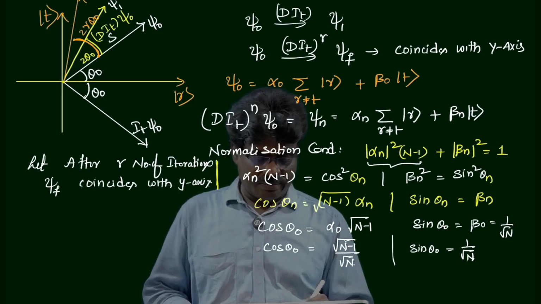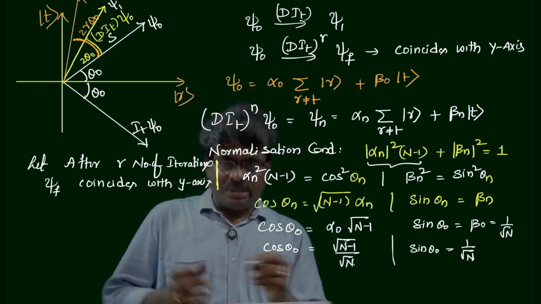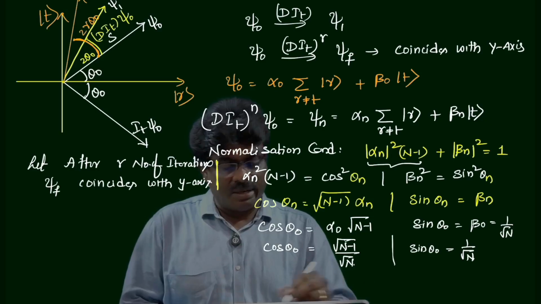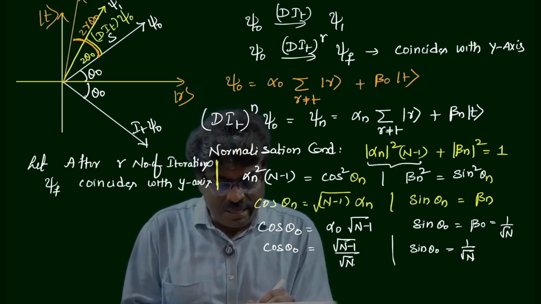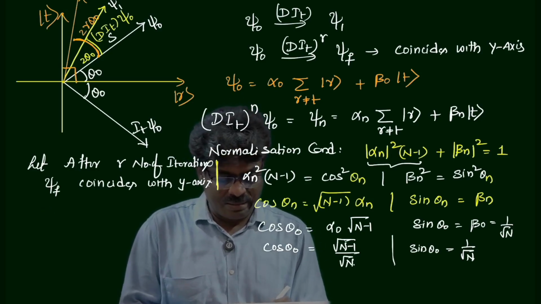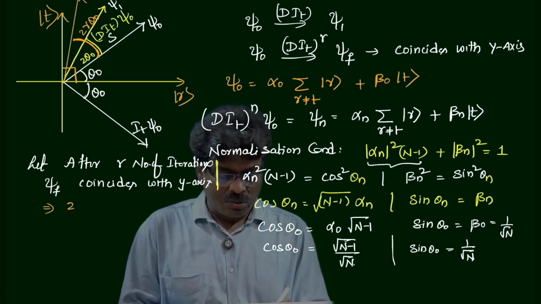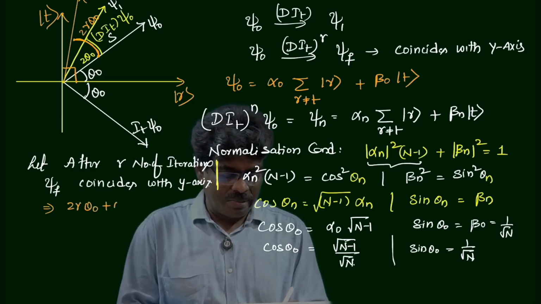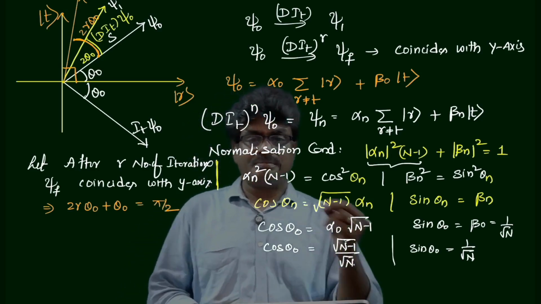Once it coincides with the y-axis, then this angle should be 90 degrees. So that implies 2r theta naught plus theta naught should be equal to 90 degrees, pi by 2.